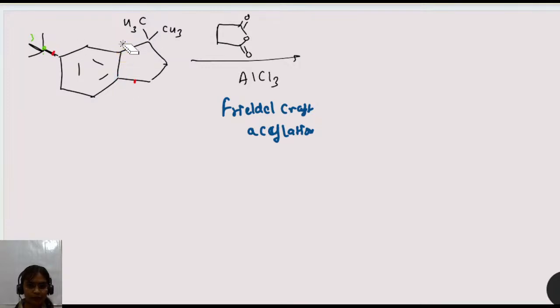Okay, so in this case, yeah, you're right. Although this is the deciding factor, the deciding effect is plus I there. Anyway, what's important is ortho or para directing. So this is ortho and para directing. So search for ortho and para position. Look at this. This is my ortho position and this is my para position.